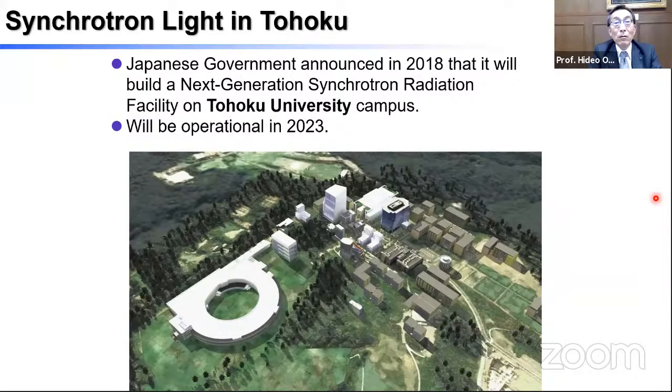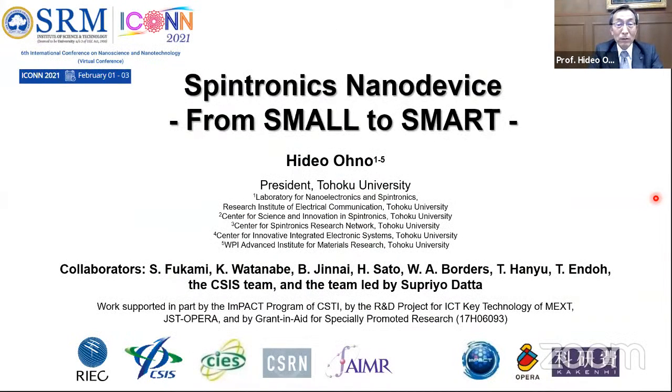So I'm hoping that I can see many of you here in Sendai on campus of Tohoku University in the future. Okay, so back to my talk about the spintronics nanodevice from small to smart.